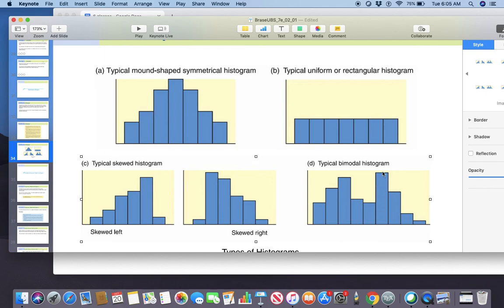You see there is a very big high and there is not as big a high but sufficiently large. So these are basically different modes. They are separated by at least one class. So this indicates that maybe we used two different populations to sample out of. So this is called bimodal.